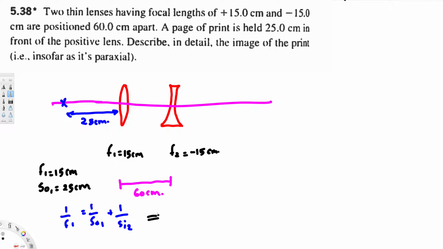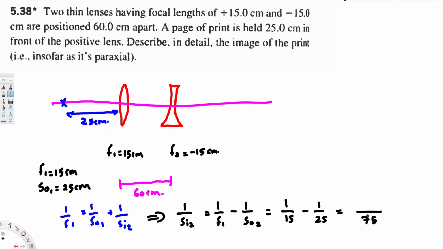If we rearrange this equation, that gives us 1 over si1 is equal to 1 over f1 minus 1 over so1. We know the focal length is 15 centimeters, so this is 1 over 15 minus 1 over 25. We can take the common denominator as 75, so this is 5 over 75 minus 3 over 75, which gives us 2 over 75.